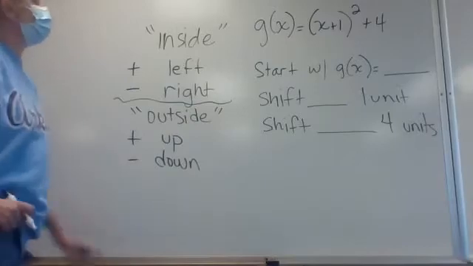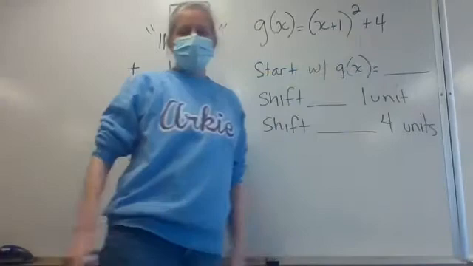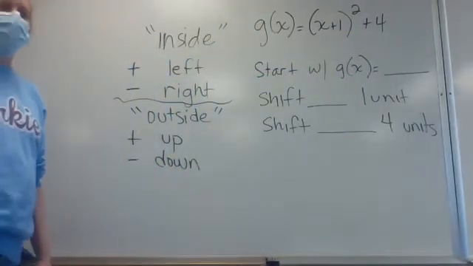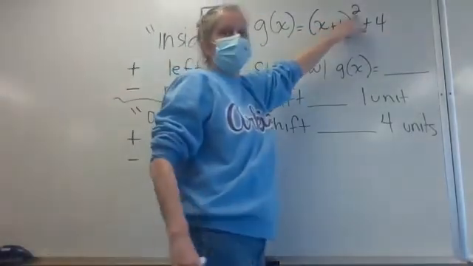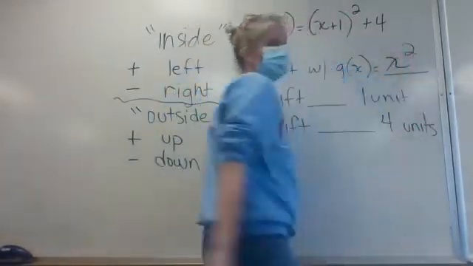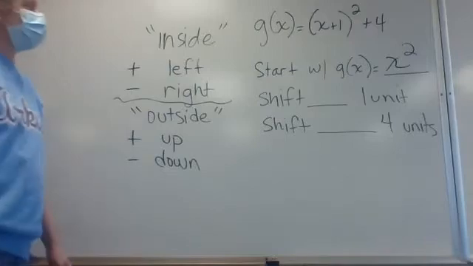All right, so our function is g of x equals (x plus 1) squared plus 4. So what's the shape or what's the graph going to start off with? Which shape are we talking about? Parabola, right? What is that going to come from? X squared. So you're going to start off with the x squared graph, and then you're going to shift it.